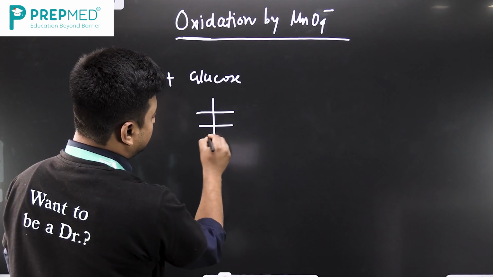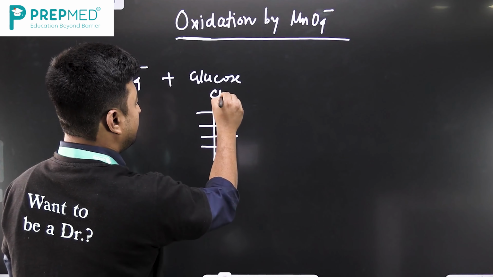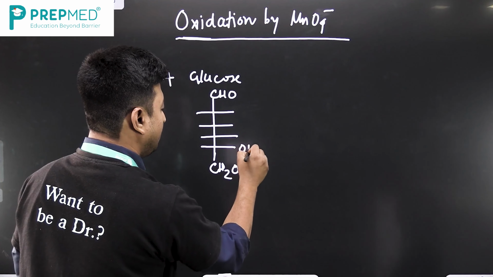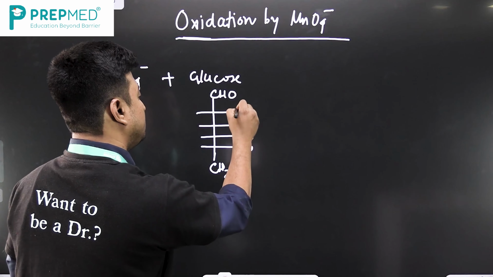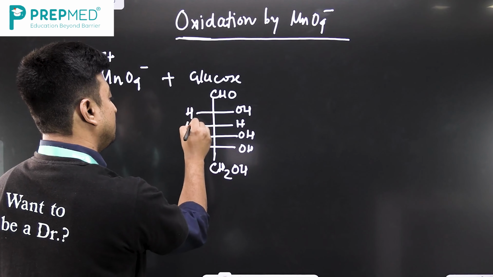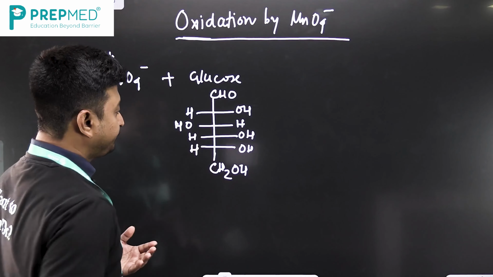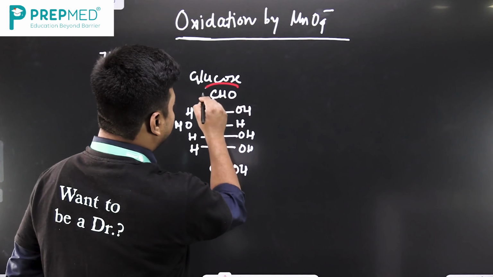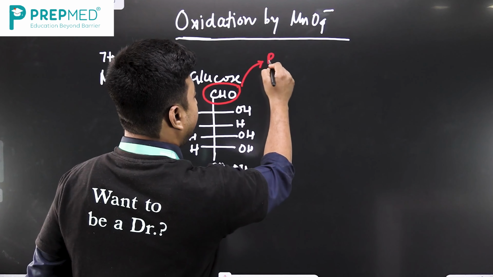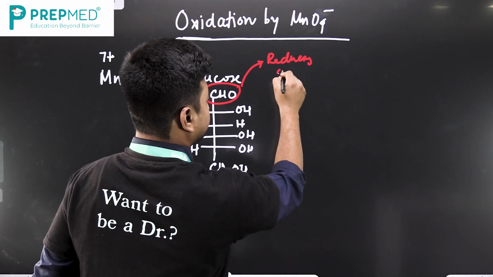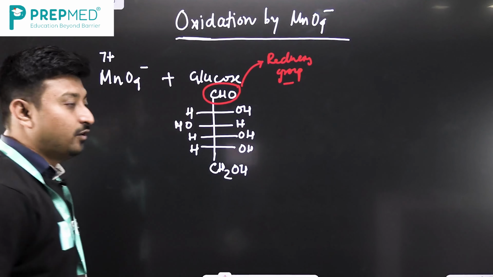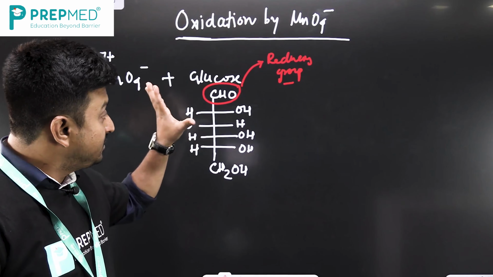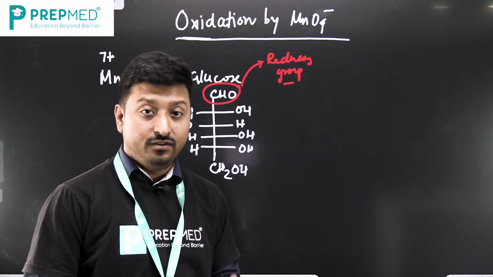CH2OH, H. Now if you see here very carefully, in glucose this aldehyde group is a reducing group, and in the previous video on detection of carbohydrates, we also told you that this reducing group, that is CHO, actually works as a reducing agent in alkaline medium.